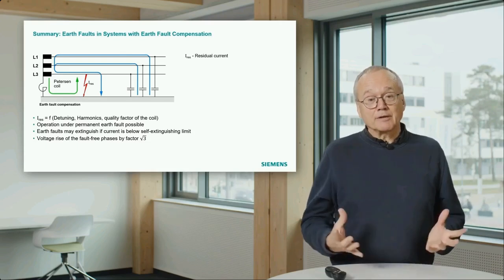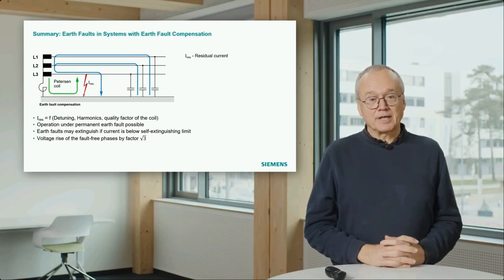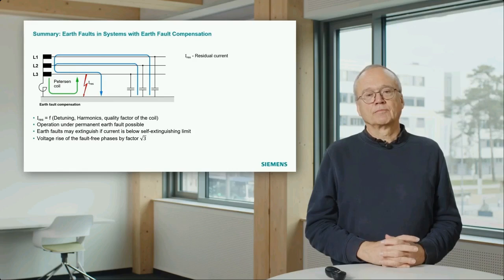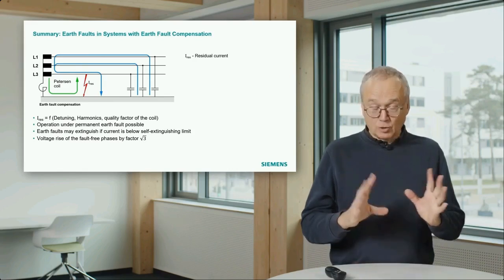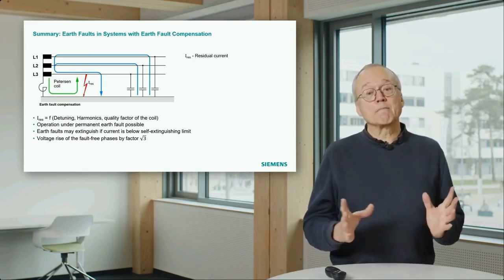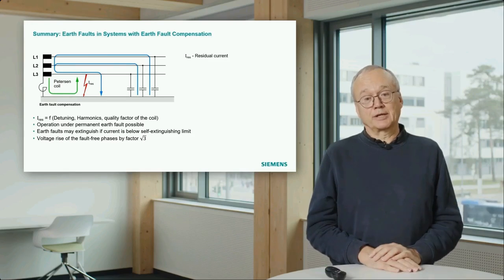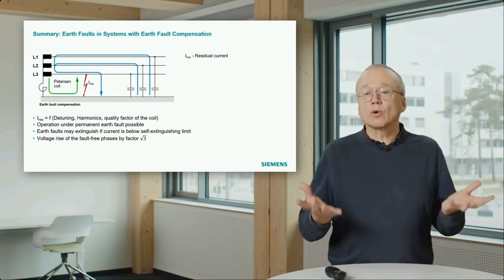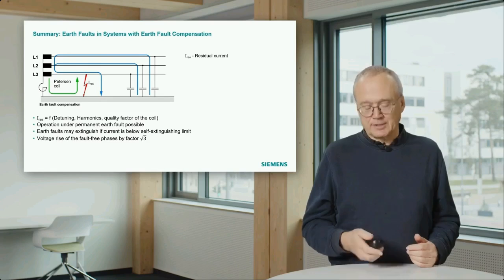Again here, the big advantage is we have self-extinguishing faults. As long as we are an overhead system, we may continue operation under permanent earth faults, and we also have this voltage rise.